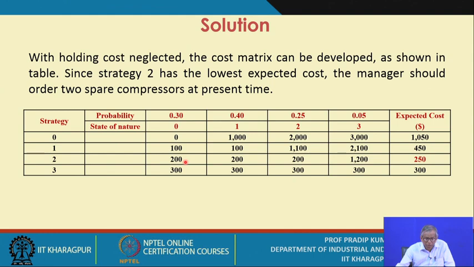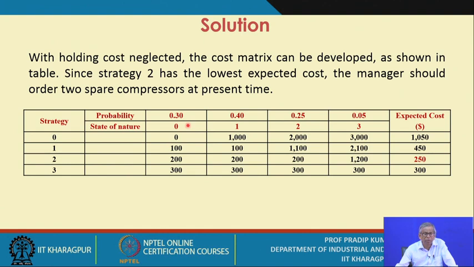Similarly for the third strategy, that means ordering 2 compressors, it will be $2000 against 0 failures, against 1 failure again 2000, against 2 failures 2000, and if there are 3 failures, you have to purchase 1 more compressor at a price of $1000. So the total money spent will be $3000. And if there is an ordering of 3 compressors, you have already purchased 3 compressors.